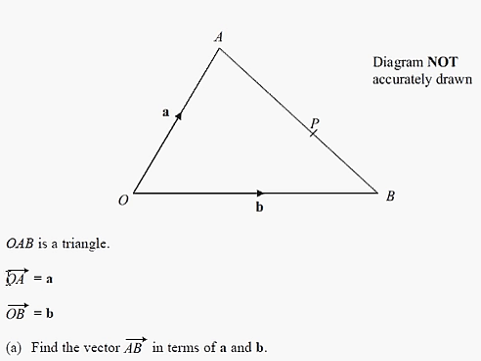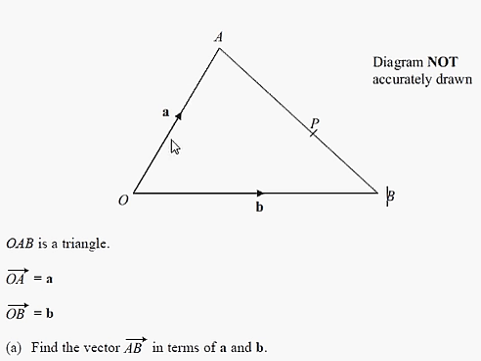Just to clear something up, this A here isn't the same as this a. See how this is a capital A and this is a small a? This capital A is this vertex, this corner where these two lines meet, and this capital B is this vertex here where these two lines meet. The small a is this vector. A vector has two characteristics: direction and magnitude, or another way of saying that is direction and size.